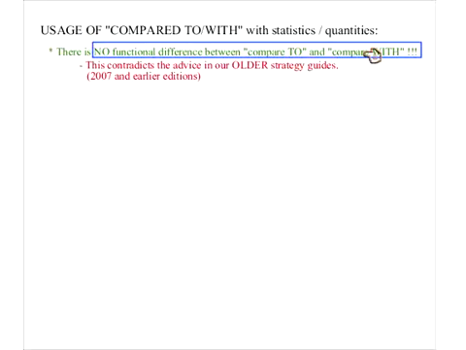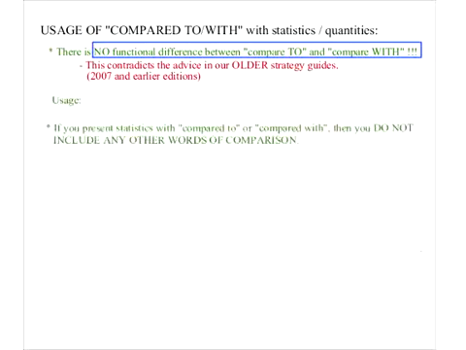Okay, now what you should know is this. Okay, here's how you use it. If you present statistics with these things, you do not include any other words of comparison. So if you say twice as much compared to, that's wrong. You don't do that. It's just twice as much as.